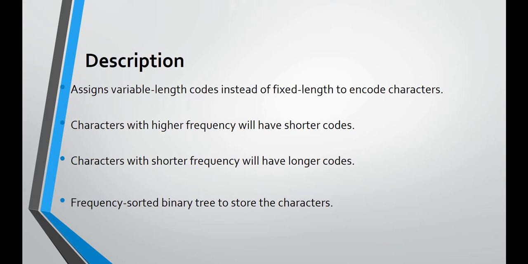Okay, let's talk about the description of the algorithm. Basically, it assigns variable length codes instead of fixed length codes to encode characters. The length of the assigned codes is based on the frequency of the corresponding characters. In other words, characters with higher frequency will have shorter codes and characters with lower frequency will have longer codes. Also, a frequency sorted binary tree is implemented to store the characters.